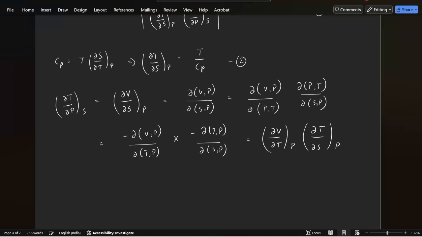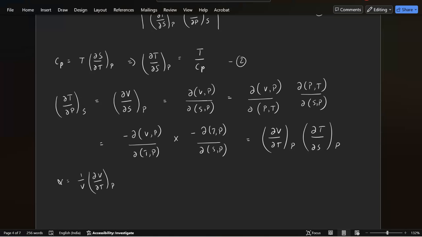So you see here again we have some known quantities. You remember the isobaric expansion coefficient alpha. Alpha is equal to 1 by V del V by del T at constant pressure, right? So then we have that over here.